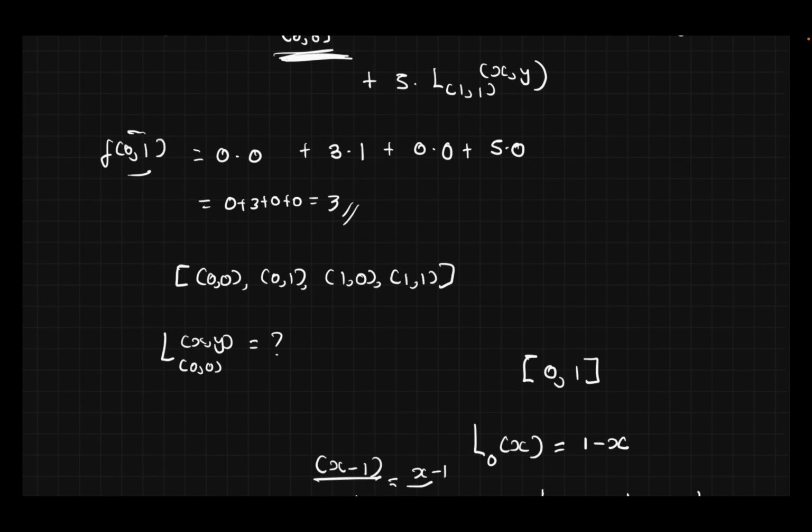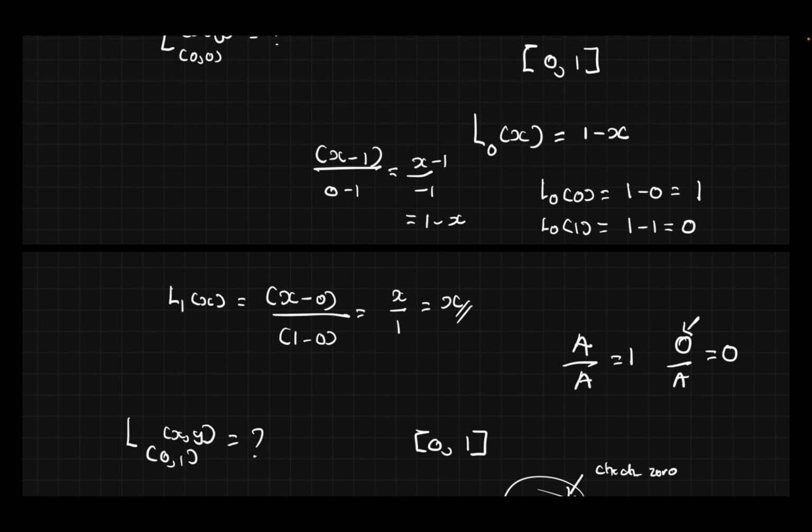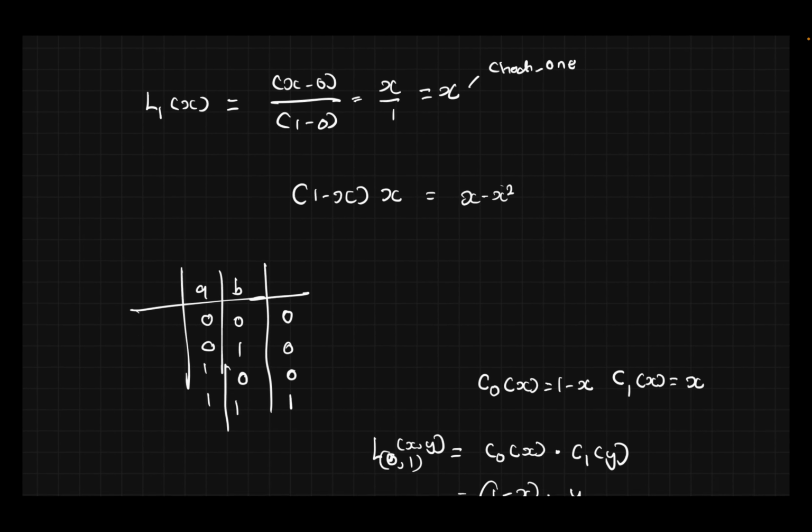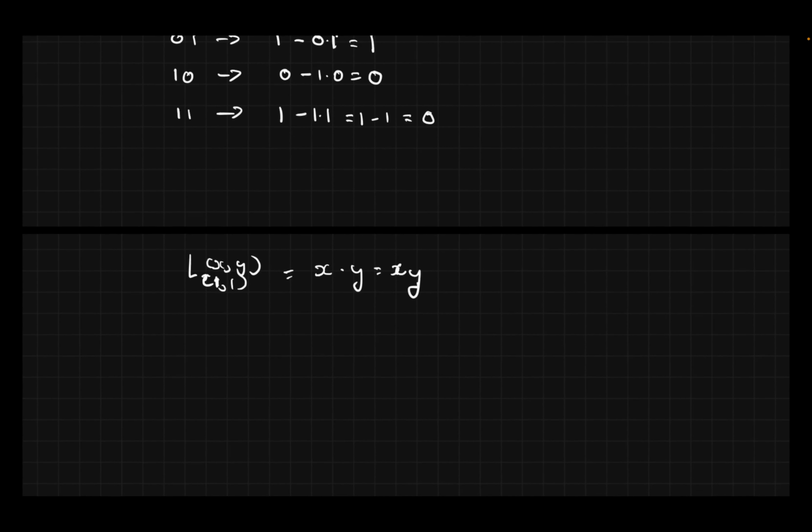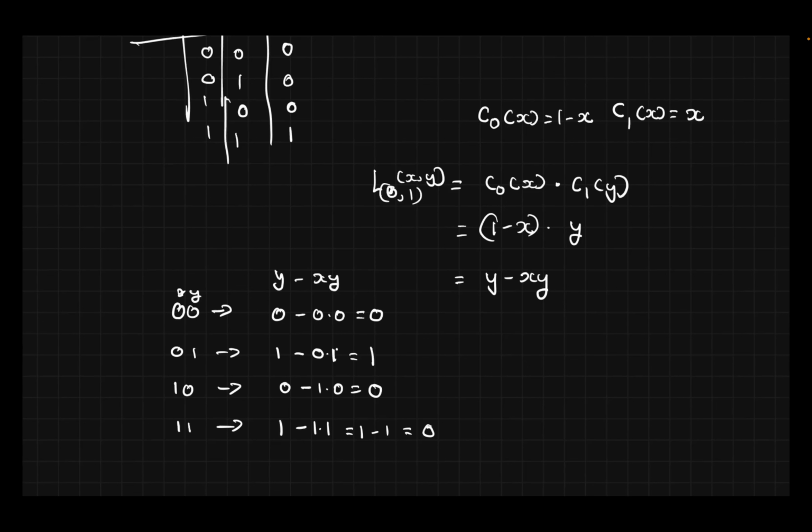Scroll down. Yeah, scroll up. So here we are doing 0, 0, substituting the xy values into that y minus xy, and we are getting 0, 1, 0, 0. I can't have a mental picture of where we want to use this value. Are we still going to substitute it somewhere?